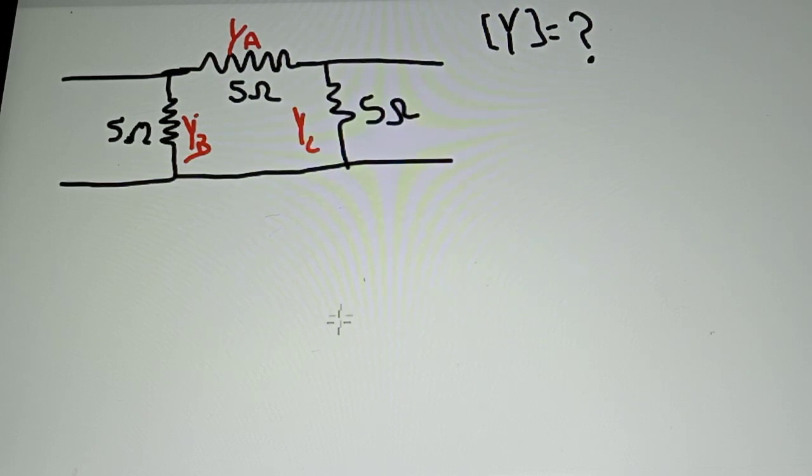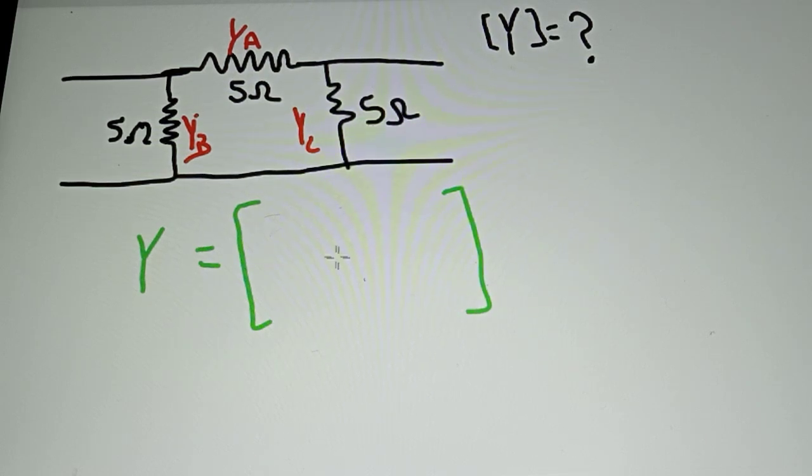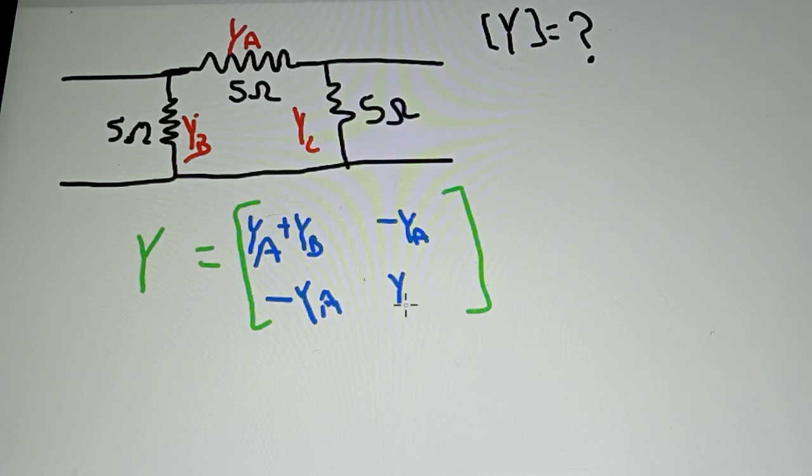Now you just need to remember this: Y is equal to YA plus YB, then minus YA, here also the same thing, minus YA, and here you need to write YA plus YC. So this is the only thing that you need to remember.